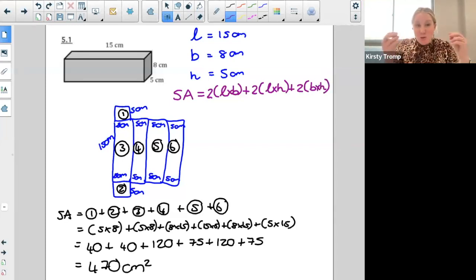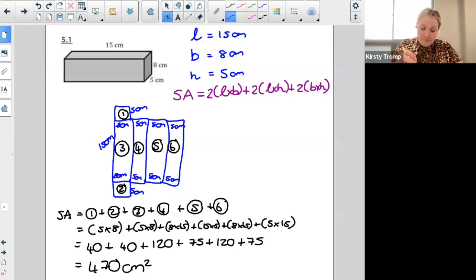So you're going to write your formula out. First, you're going to write length, breadth, and height, and you're going to write those out exactly like I've done. Then you're going to say surface area equals 2 brackets length times breadth plus 2 brackets length times height plus 2 brackets breadth times height.